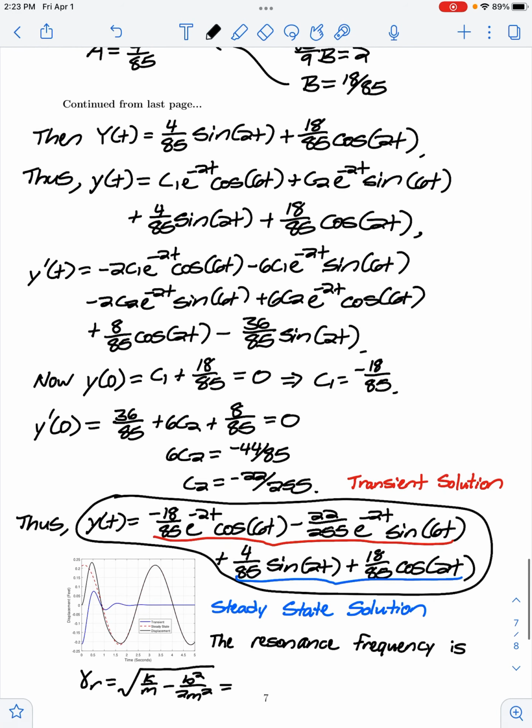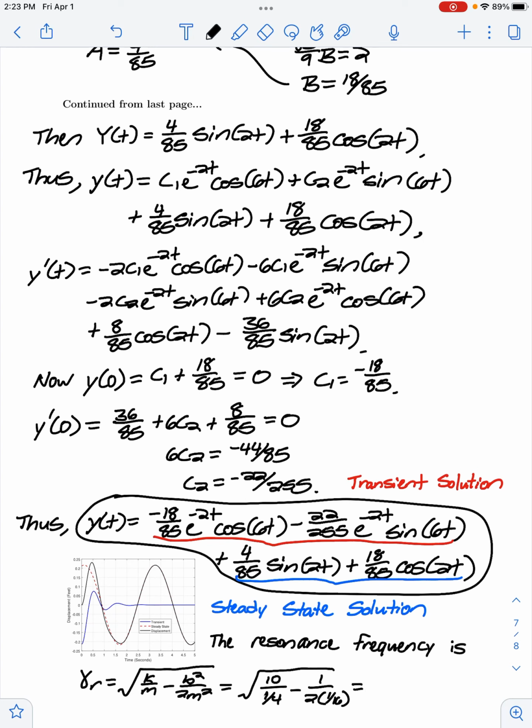So substituting in the values that we had, we find the square root of our stiffness, which was 10, divided by the mass, which was 1/4, minus my damping coefficient b, which was 1 squared, over 2 times the mass squared.